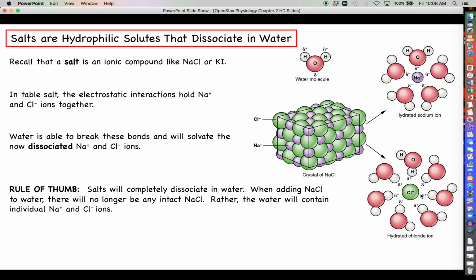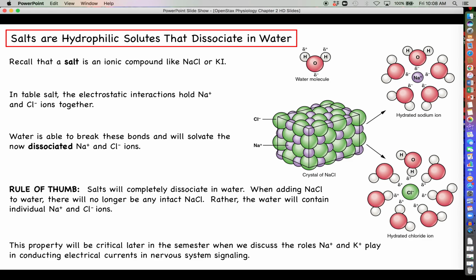And then similarly with a chloride ion, which carries a -1 electrical charge, the partially positive hydrogen atoms from individual water molecules are able to surround and solvate chloride ions as well. So the idea here is that salts will completely dissociate in water. Like I said, there's not going to be any intact sodium chloride any longer. You're just going to have a solution that has individual sodium ions and individual chloride ions.